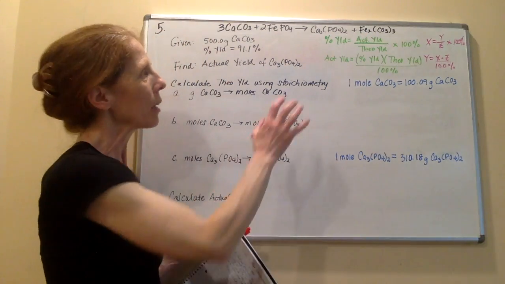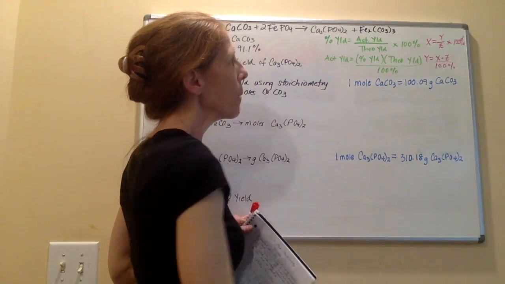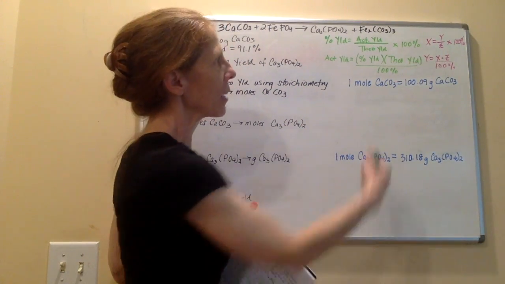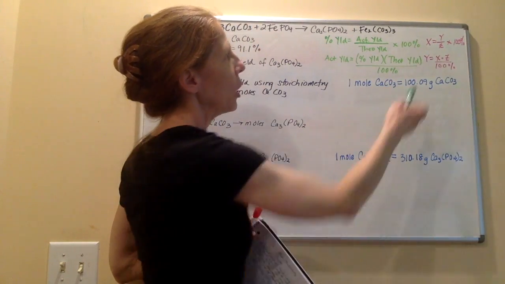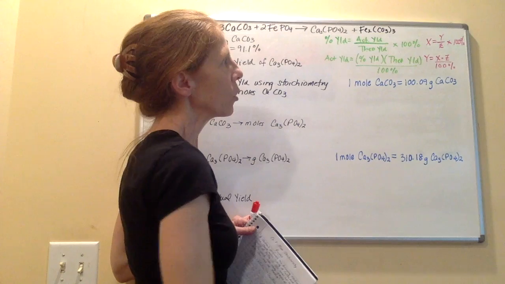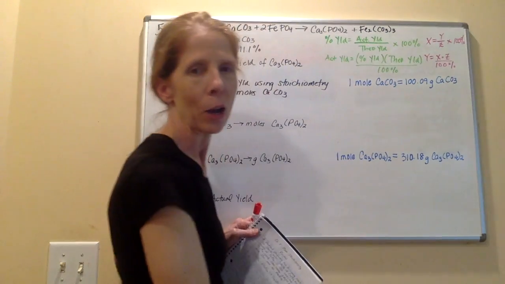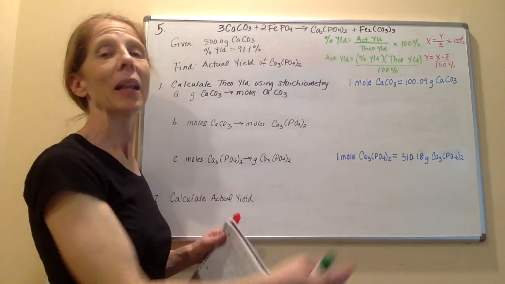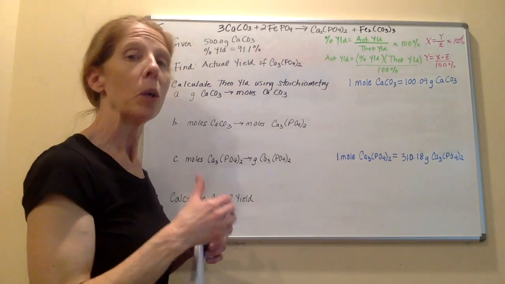Now, if reading it all like that looks a little bit confusing to you, feel free to make those things variables. x equals y divided by z times 100%. In this equation, we're actually solving for y. To find y, I've got to take x, multiply it by z, and divide by 100%. That's mathematically what we're going to do. But we have to have theoretical yield, which we don't have.